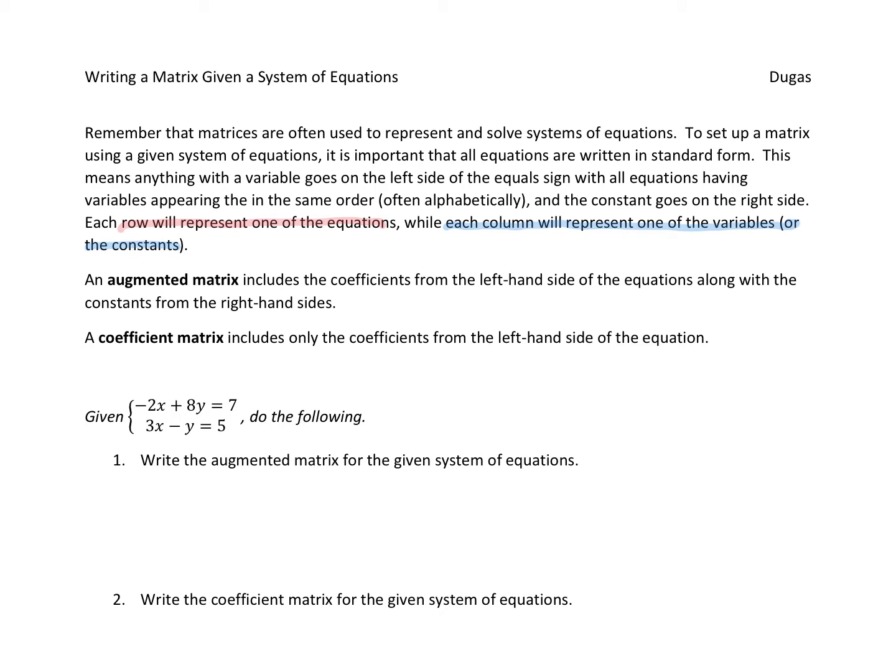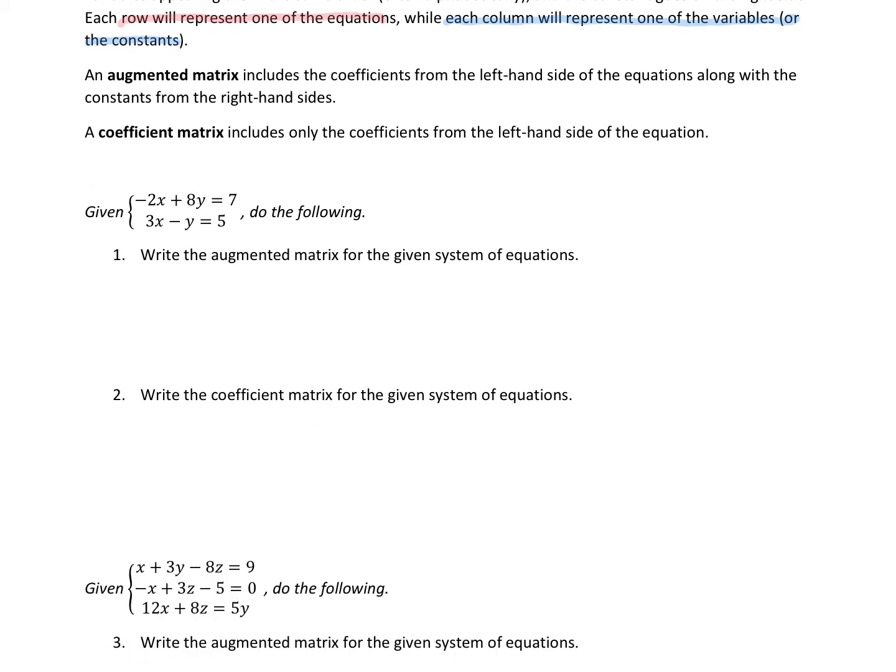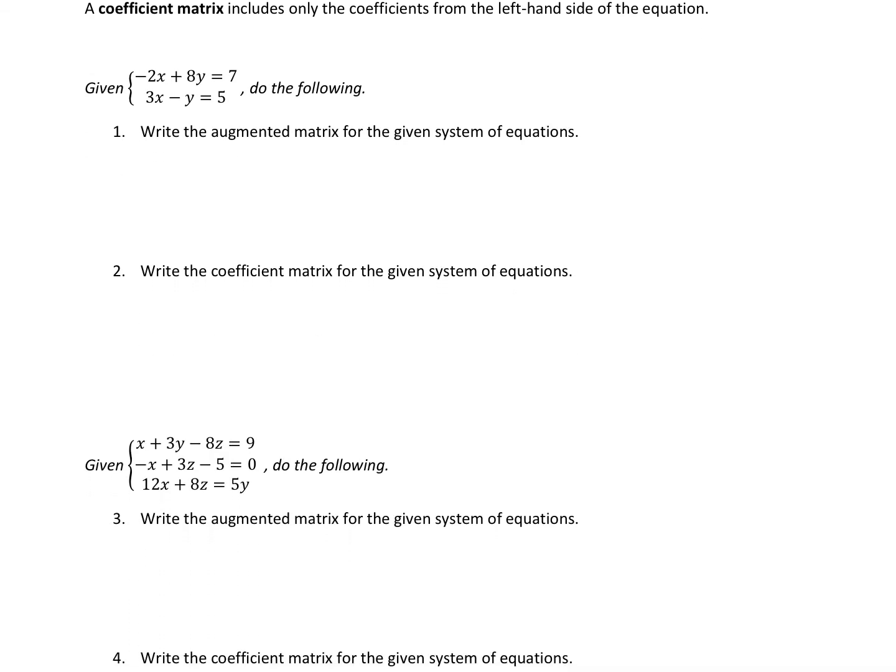An augmented matrix includes the coefficients from the left-hand side of the equations along with the constants from the right-hand side. A coefficient matrix only includes the left-hand side of the equation. So let's look at these. The augmented matrix is really useful if we're going to be solving these.